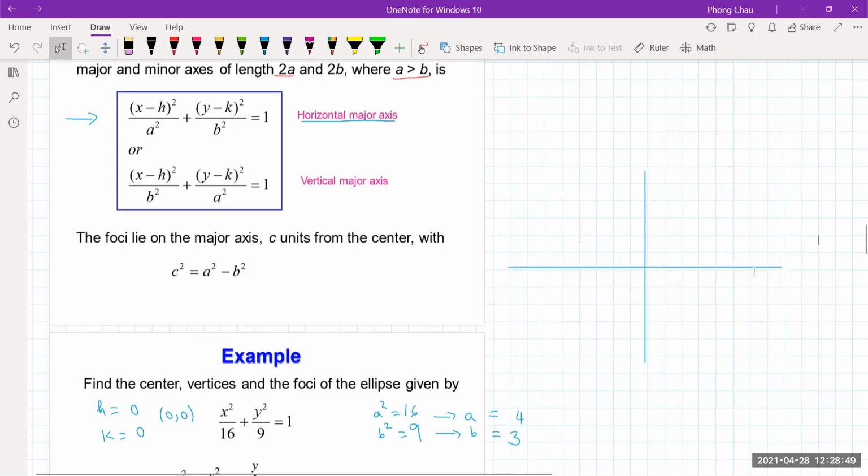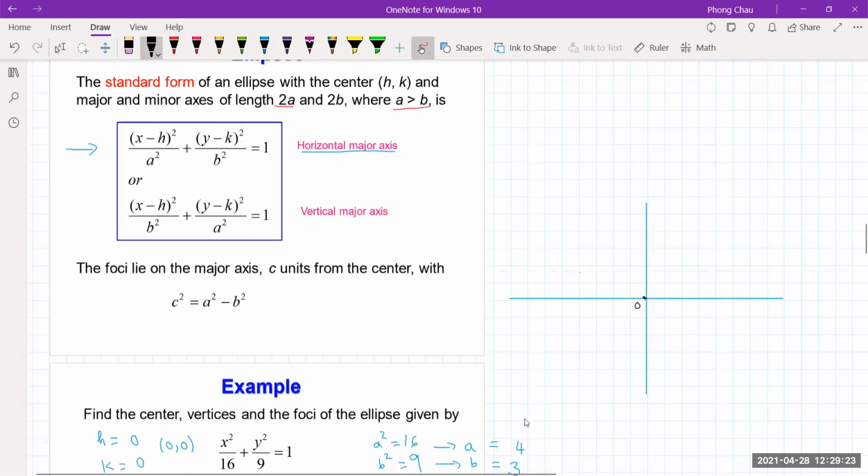Now move it a little bit to the left. Okay. What I know is the center will be at the origin. So that's the first thing I know, right? So here's the center right here, at the origin. And then a is 4, b is 3.